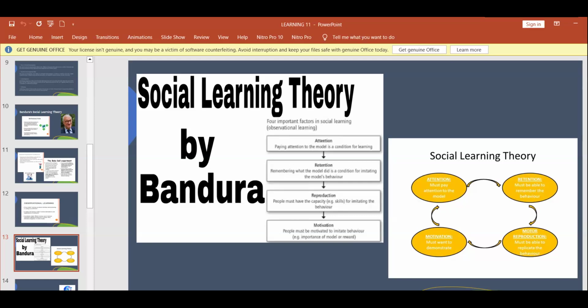Now, we have another theory that is cognitive learning theory. Learning happens through the internal mental capacities of sensation, perception, memory, and problem solving, which we discuss in Unit 3. We will be discussing it next day because we have only another half an hour.